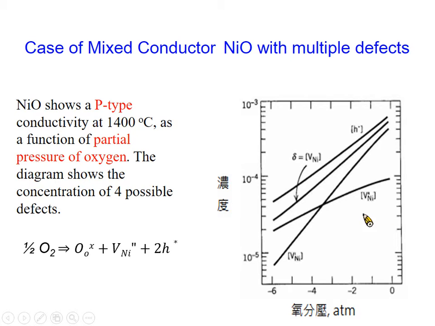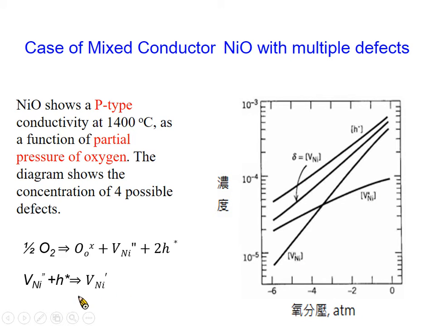However, when we look at the evolution of nickel vacancies, this nickel vacancy will also be in balance with the hole, so they will reduce the charge from 2 plus to 1 plus. So you can see here there is neutral, but with the 1 charge and also the 2 charge.